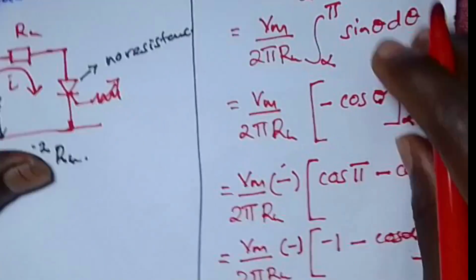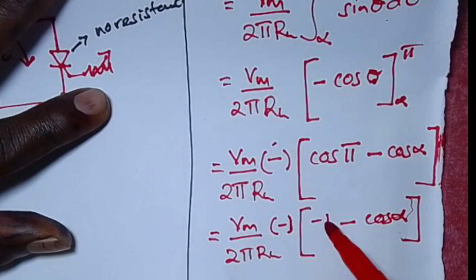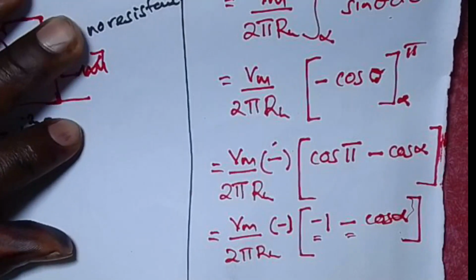So from that equation, you can see clearly that if I put this negative inside, this value here will become positive, and this one will also become positive.